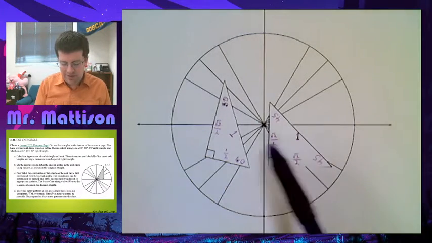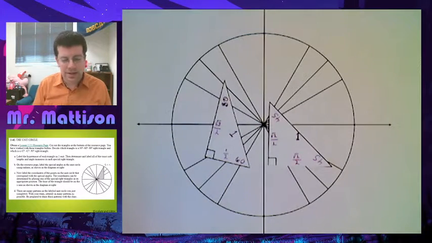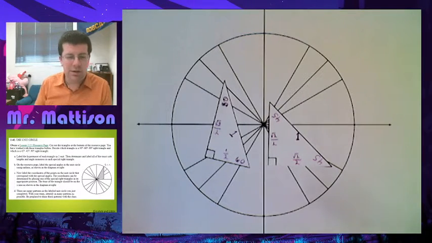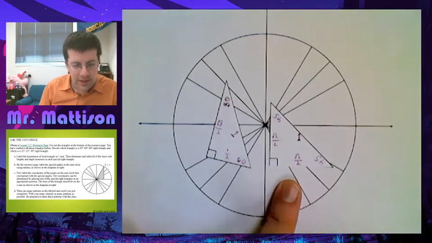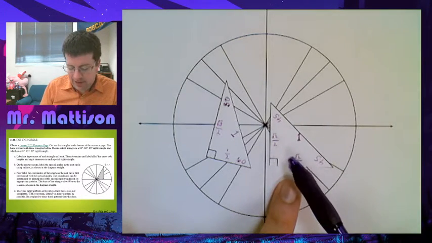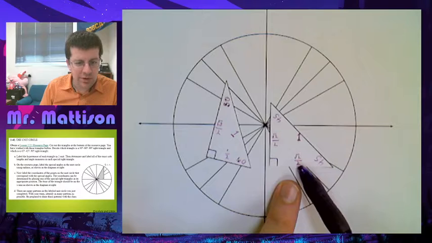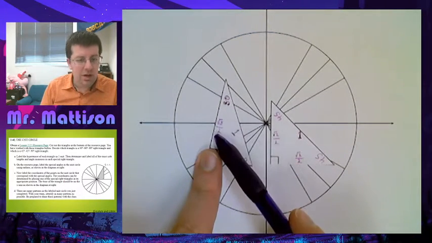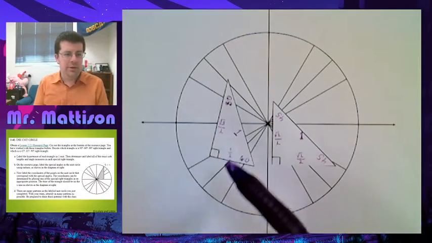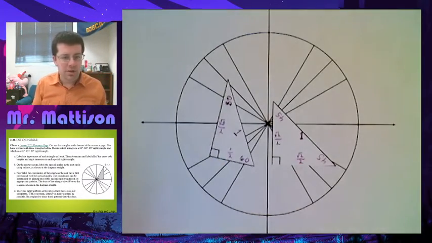The hypotenuse is 1 on both of these. If we do a little bit of Pythagorean theorem or right triangle trig, we can find these side lengths. On this one, it's square root of 2 over 2. And over here, it's 1/2 and square root of 3 over 2, or you'll hear me say rad 3 over 2 and rad 2 over 2.